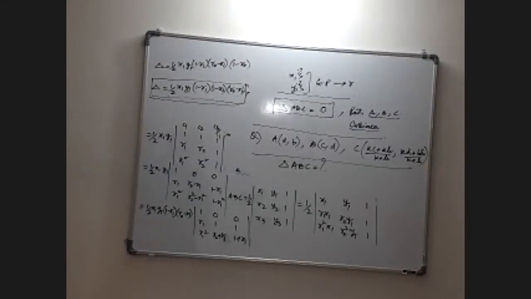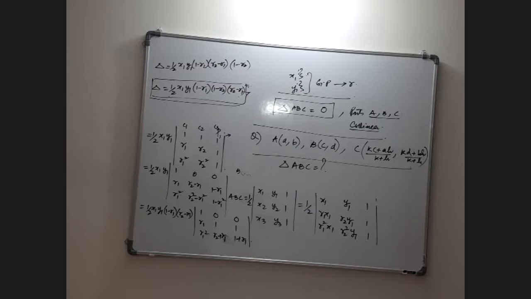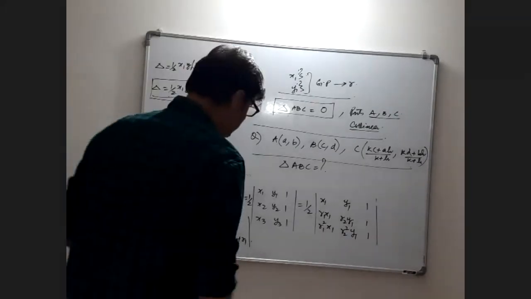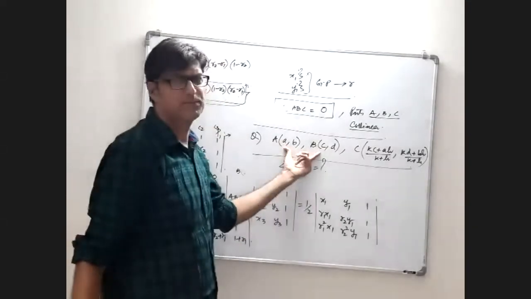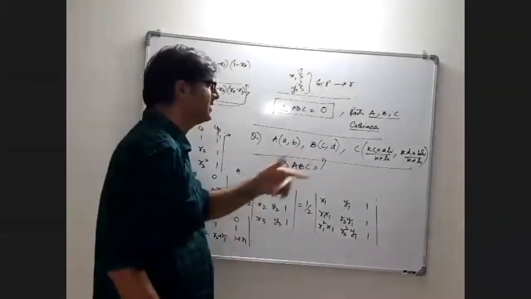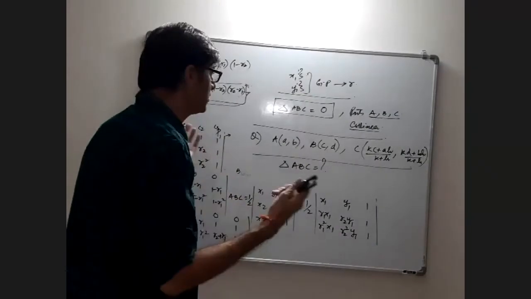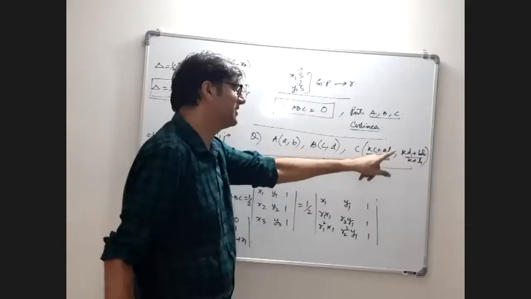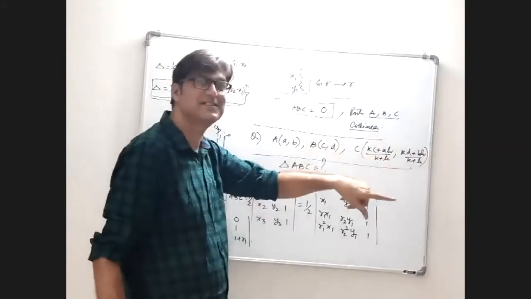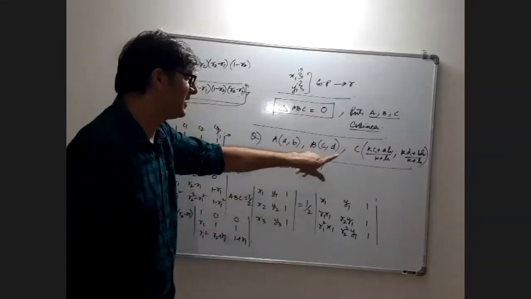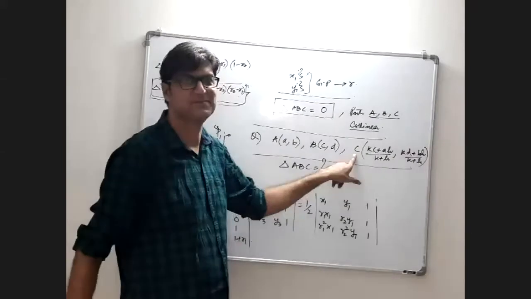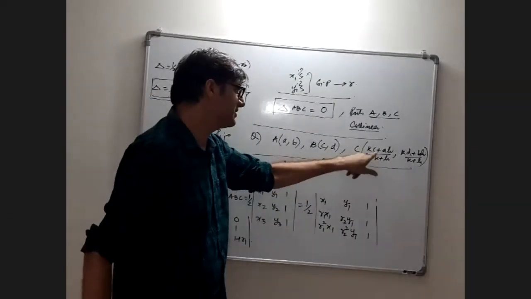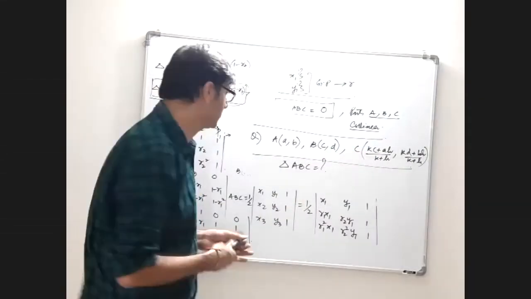Sir, 0. Correct. The answer is 0. Let us see. These points A, B, C are all distinct because they are not the same. But this happens to be a point on the line AB, and it is an internal point, because this is the section formula, as you can see.